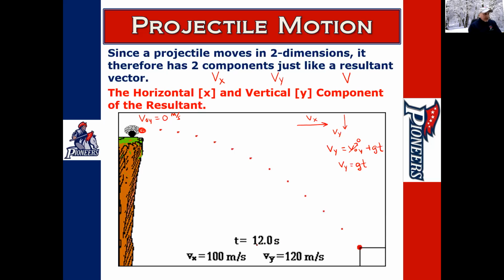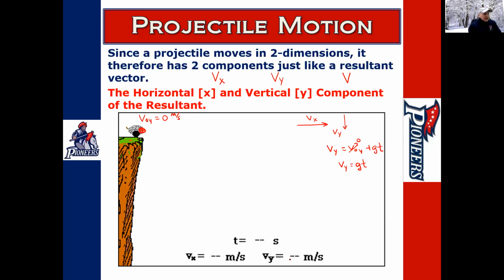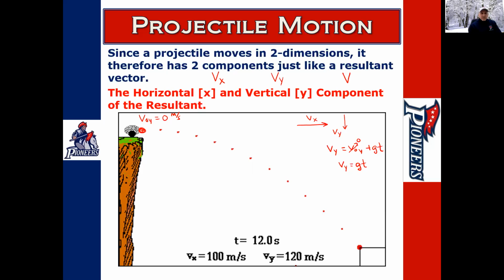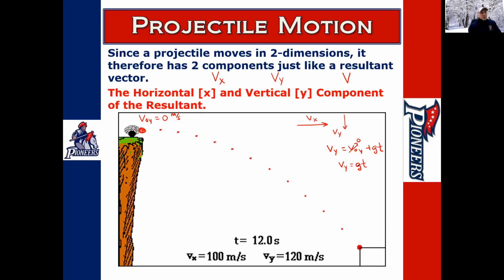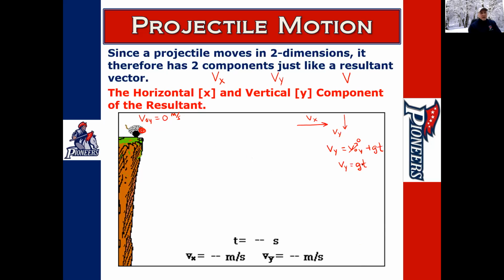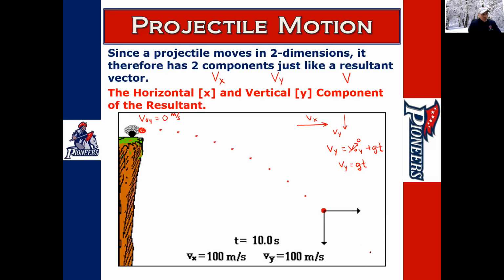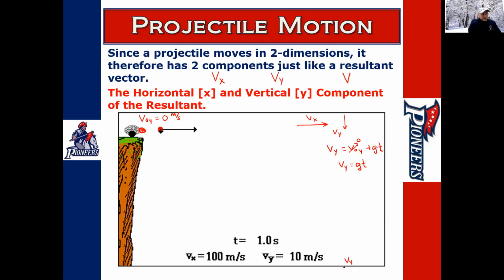You see that as time increases by 1 second, the Vy value is increasing by 10 meters per second, right? And where that comes from is right here, because we know G is equal to 10. So it's 10 times 1, 10 times 2, 10 times 3, 10 times 4, all the way to 12, 10 times 12. When it gets right here, it's going 120 meters per second for Vy, right?